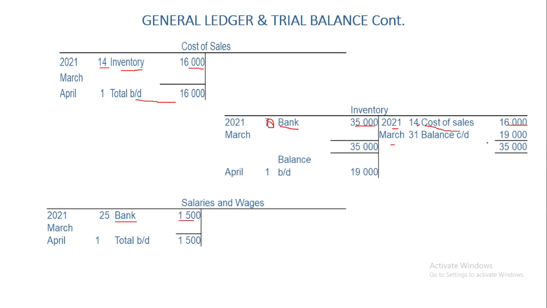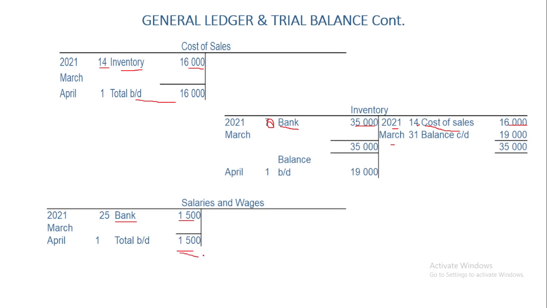Then we take all the inventory that we sold off, and therefore we have the balance carried down equaling 19,000. So it means we have inventory remaining worth 19,000. Therefore, when we start the month of April, we start with a balance of 19,000, which is the balance brought forward. And salaries is an expense, so we only calculate the total.